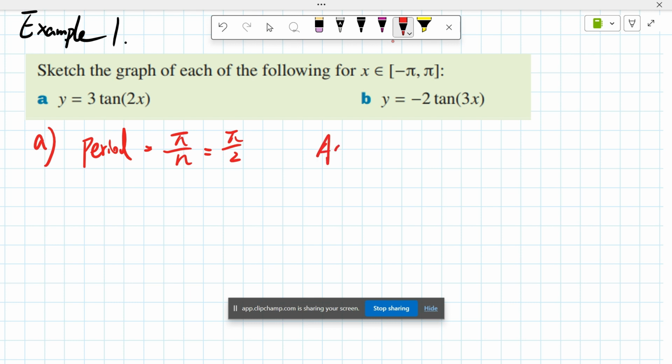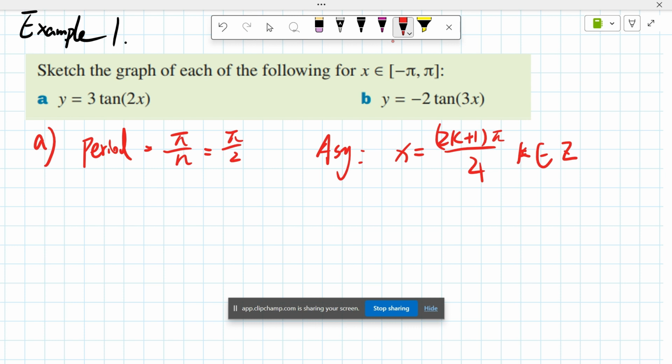And the asymptote is x equals (2k plus 1) pi over 4, where k can be any number.